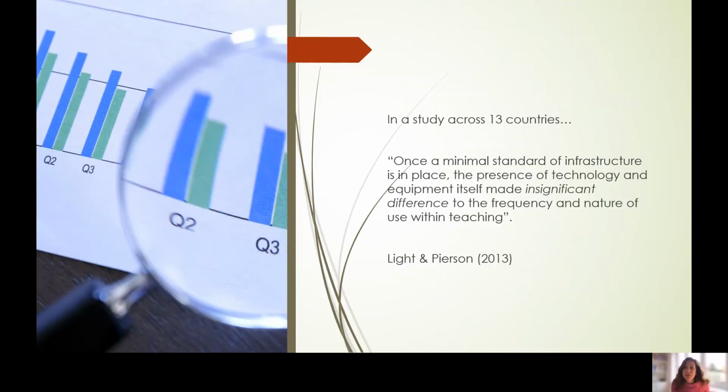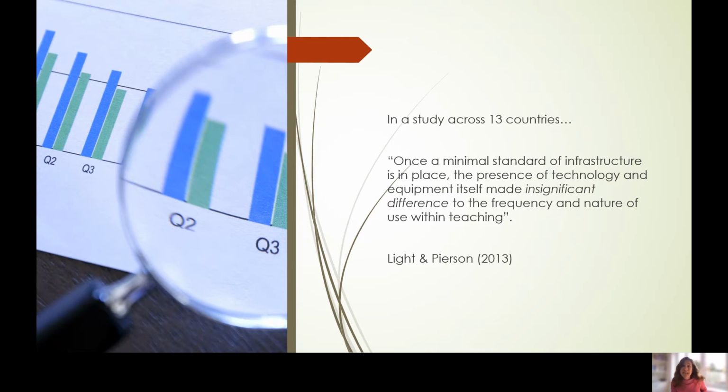In a study across 13 countries, two researchers, Light and Pearson, found that once a minimal standard of infrastructure was in place, the presence of the technology infrastructure and the equipment itself made insignificant difference to the frequency and to the nature of use within teaching. And by the way, according to BISA data, most schools have more than what they referred to as the minimal standard of infrastructure in place already.